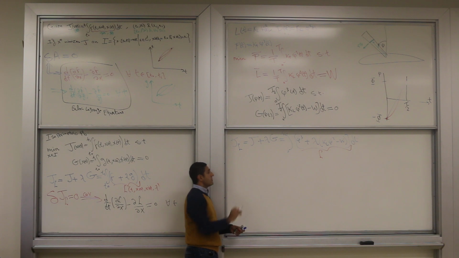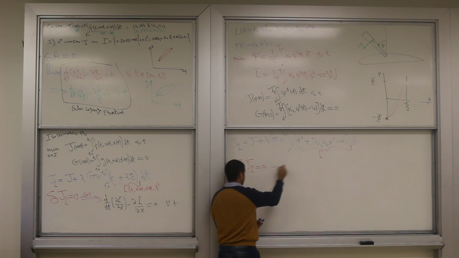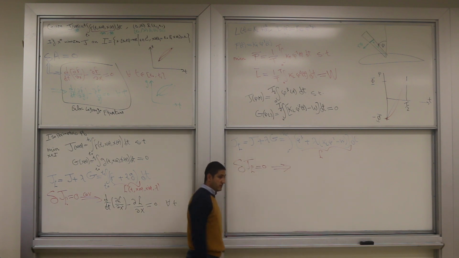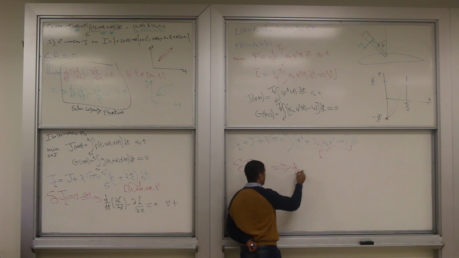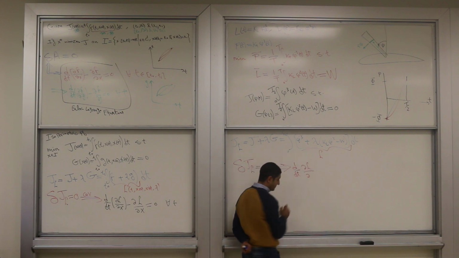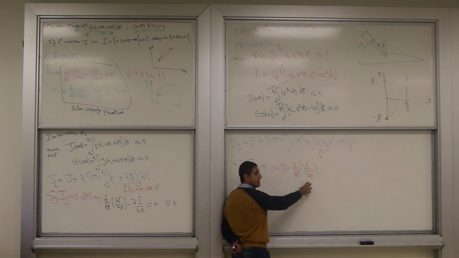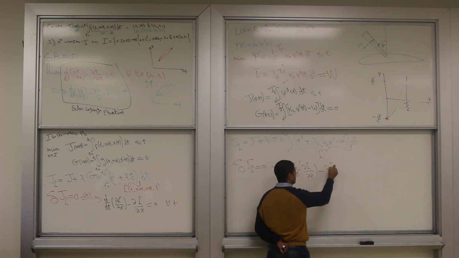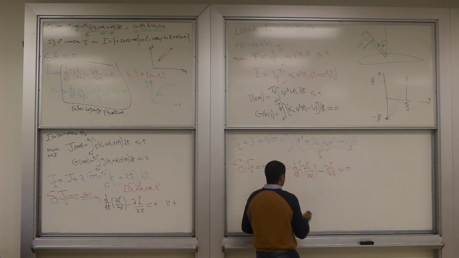And what is your first order necessary condition? The first variation of this is 0, which is equivalent from calculus of variations to d by dt of partial L partial phi dot, minus partial L partial phi, equals 0.